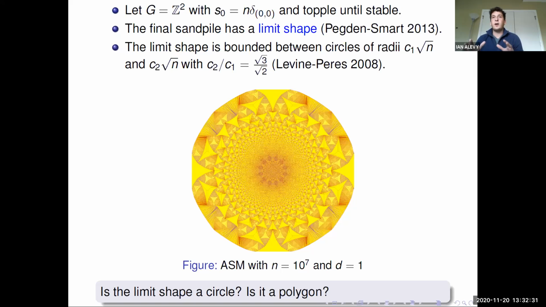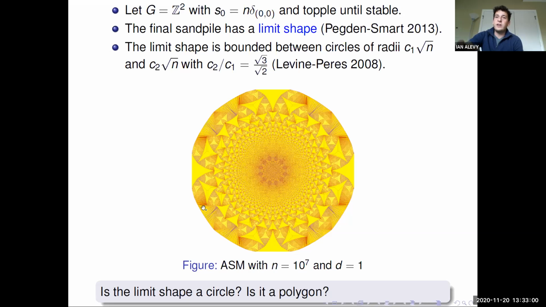I want to talk about a particular example. In this case, we take the graph to be Z2 with edges between nearest neighbors, and our initial sandpile consists of a delta mass at the origin. We topple sites until stable. After enough sites topple, you'll have a final configuration in which no more sites can topple, and that's what I've plotted here.